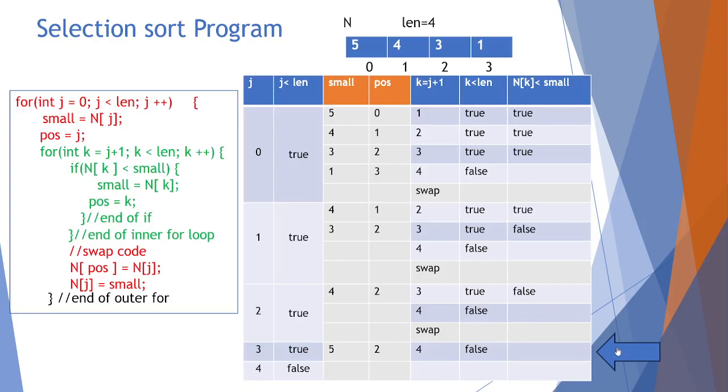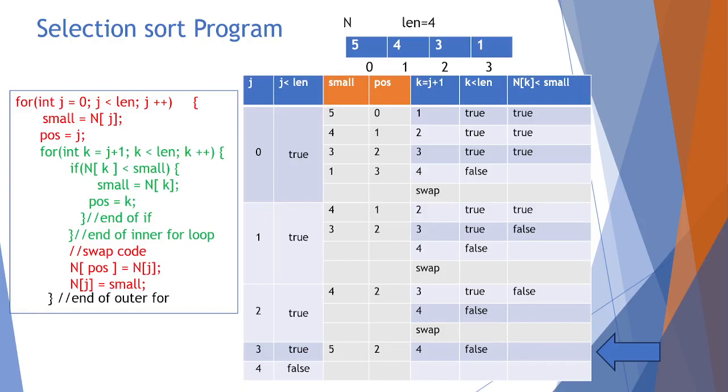Now every time, if n of k less than small, this is very important, the last column. k is 1. n of k is 4. If n of k less than small, in that first row picked up by the outer for loop is 5.